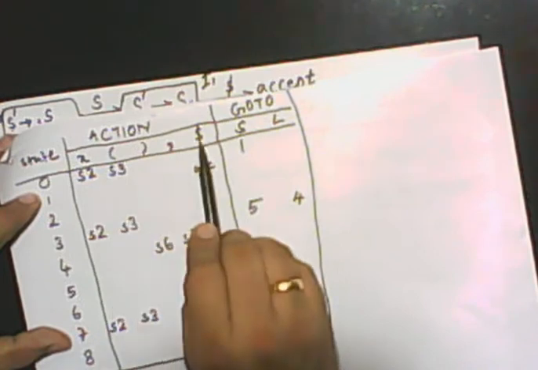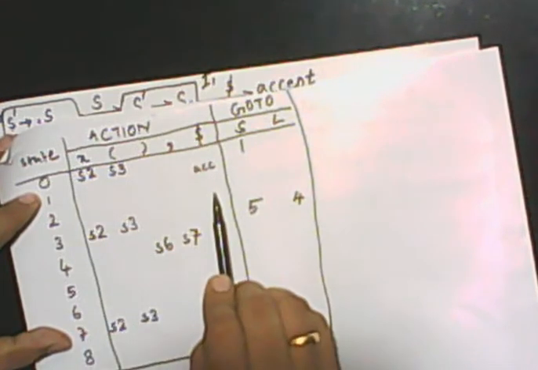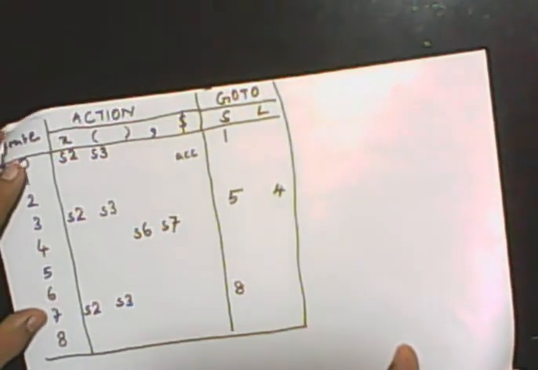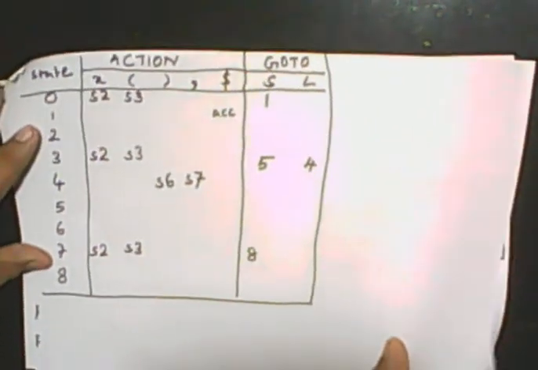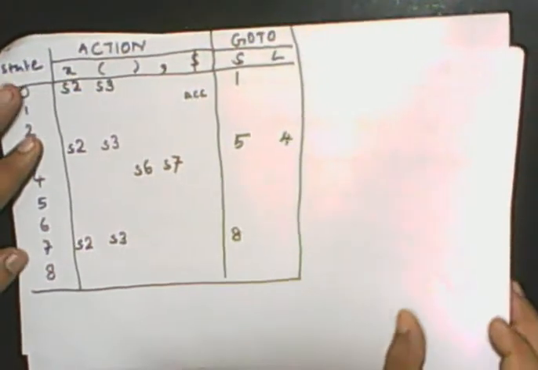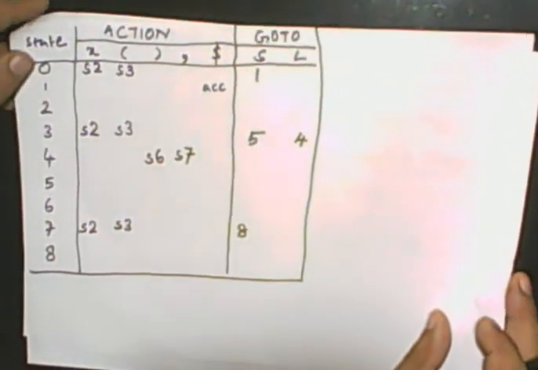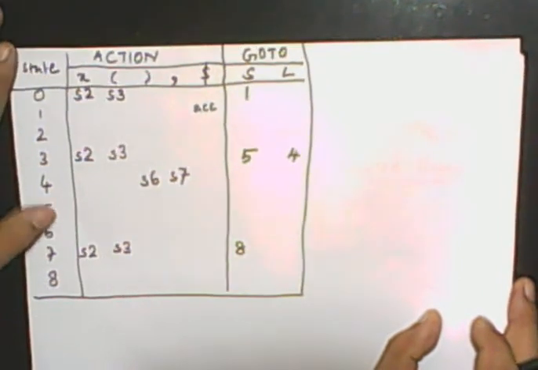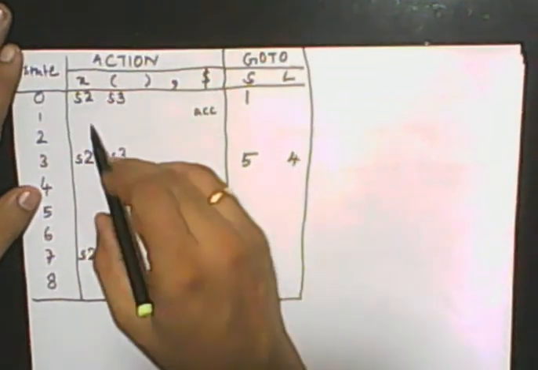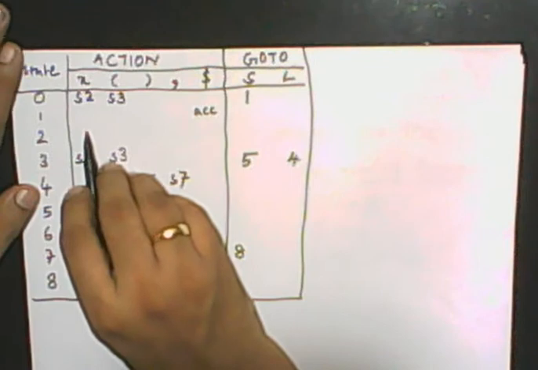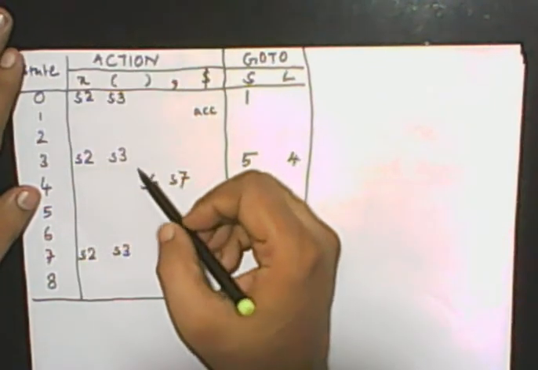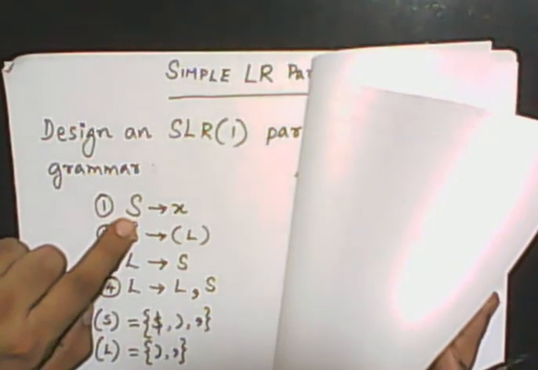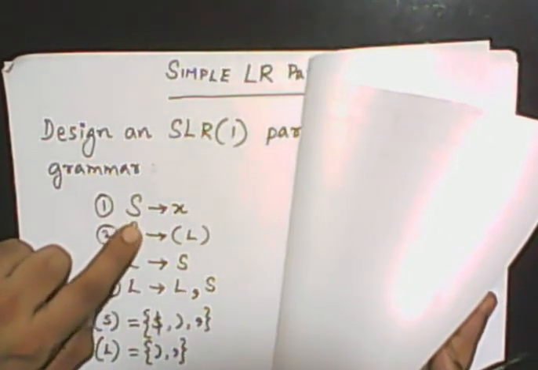In LR0 parser, you will be putting R1 in all those rows, for all these terminal symbols. But as per SLR1 it is more strict, since you are planning to have it solve many classes of grammars. So you will have R1 added on only those terminals which are in follow of S, that is the left side of this particular production.